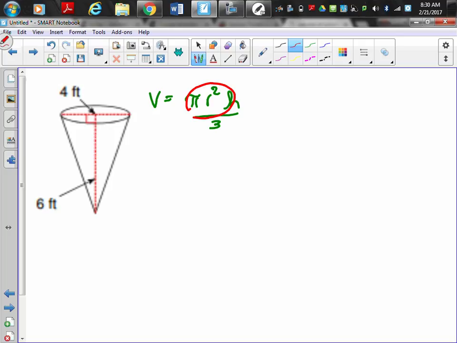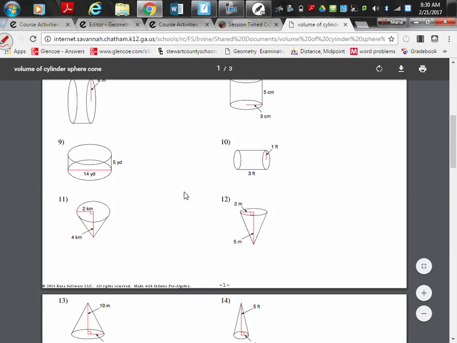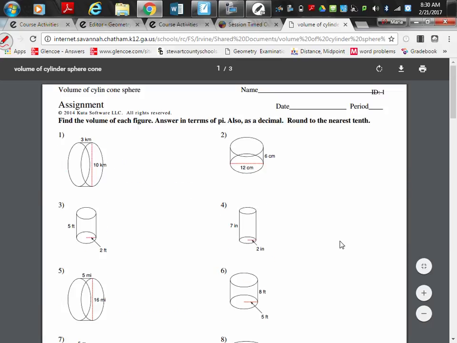So let's see what this says. Does it tell us what to use? It says use pi. So then what are we doing? Use the pi button. If it says use 3.14, then use 3.14. If it says pi, use the pi button.